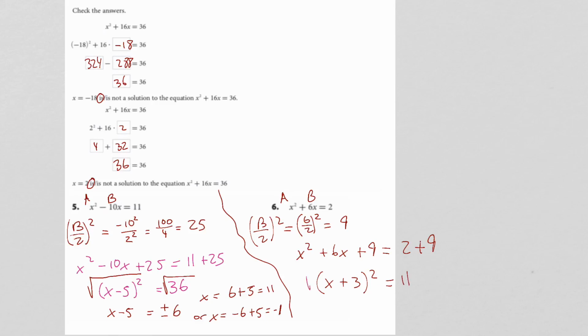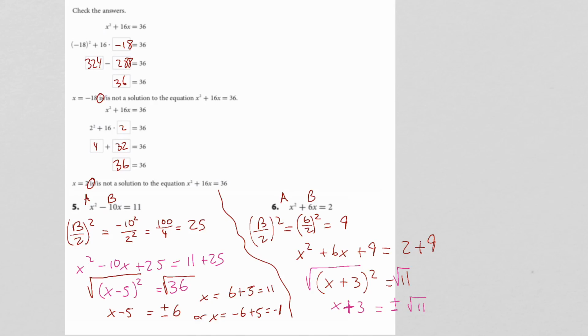The next step, take the square root of both sides. x plus 3 is equal to plus or minus the square root of 11. That is still a number. Do not discriminate against radicals. They are numbers too. They're not nice numbers like integers, but they're definitely an approximate number on your calculator. So here we go.